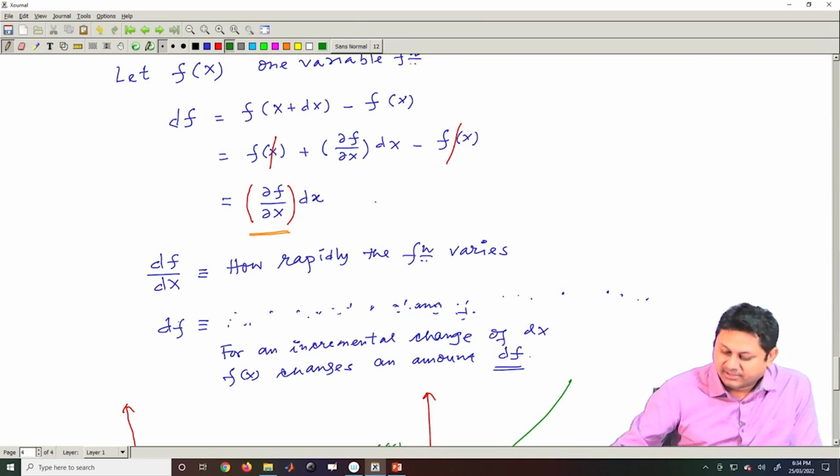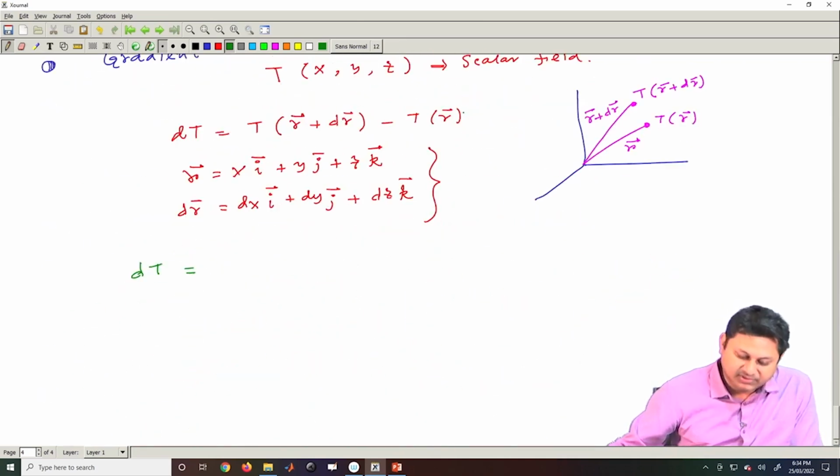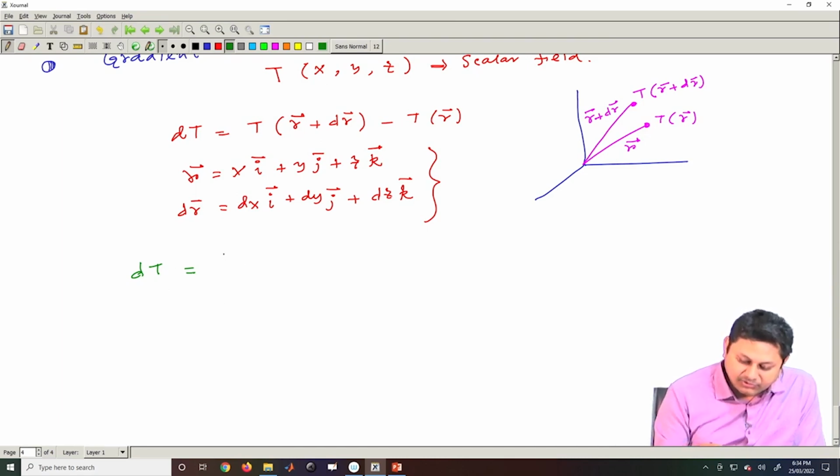It should add in this way with the other two variables. So, exactly that thing I will do here. So, dT, T is a function of x, y, z. So, I should write it as del T del x dx plus del T del y dy plus del T del z dz.